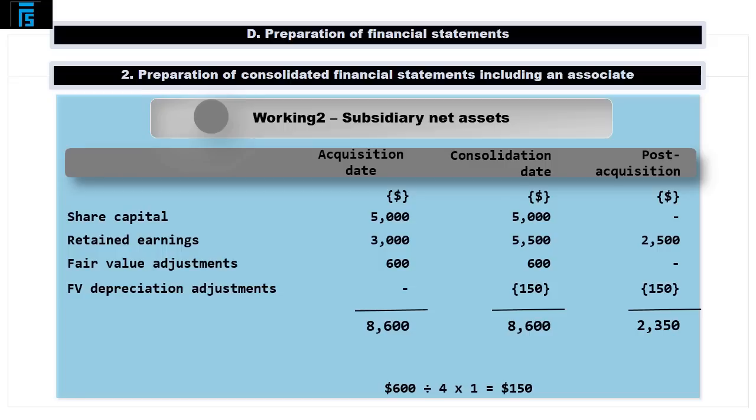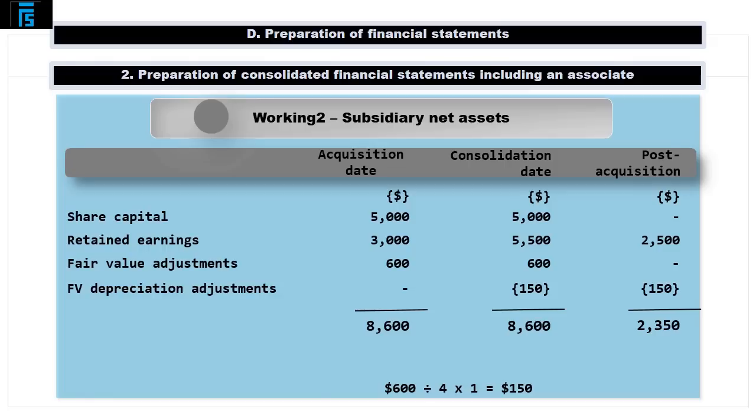The post-acquisition column will show nothing in respect of share capital or the initial fair value adjustments, but we will use it to identify the post-acquisition movement in the subsidiary's retained earnings. That is the difference between the €5,500 as at the date of consolidation and the €3,000 at the point of acquisition, giving a difference of €2,500.